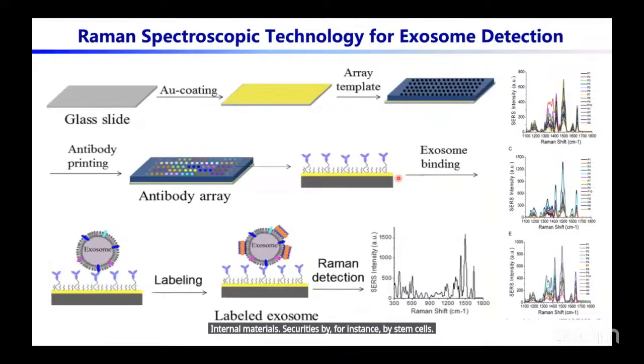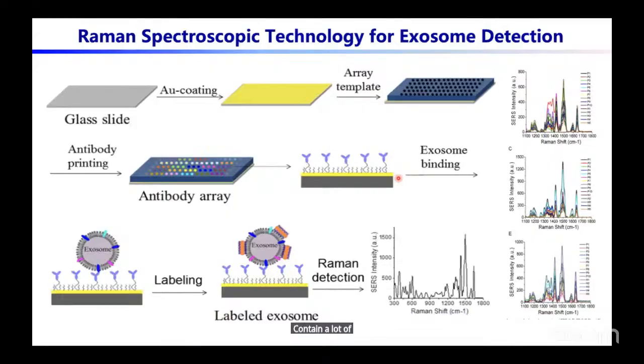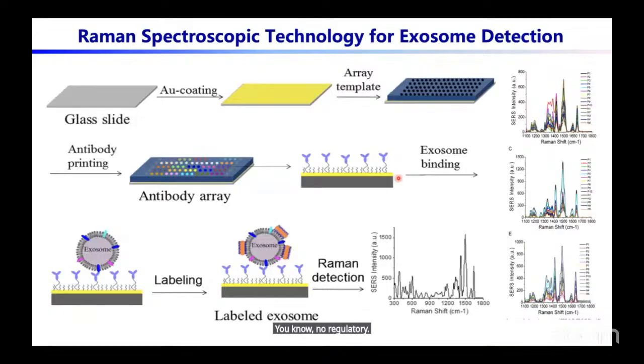Those exosomes also have medical purposes because the materials inside the exosome contain a lot of proteins, important factors for the regulation of different systems like the immune system, immunoregulatory factors, for example.